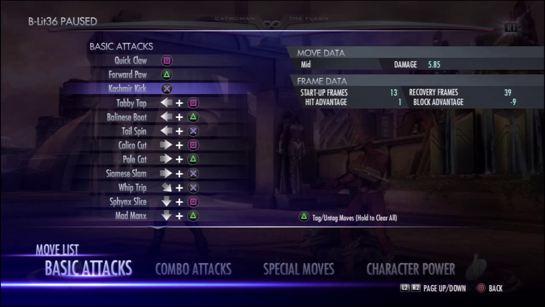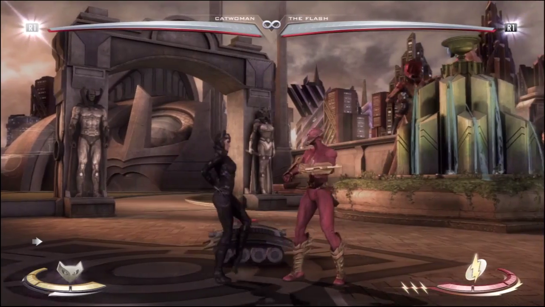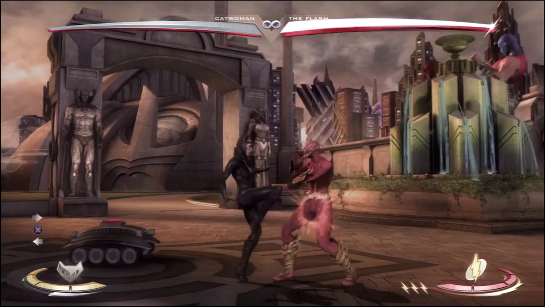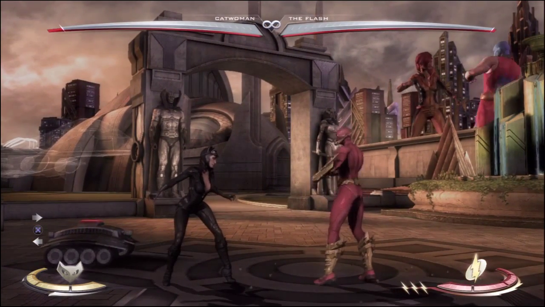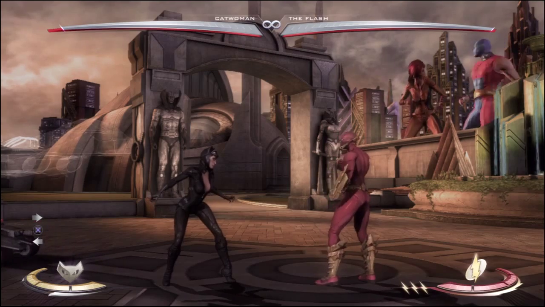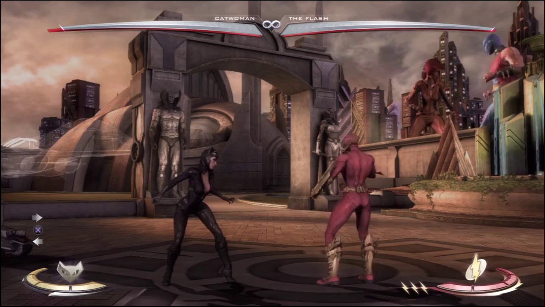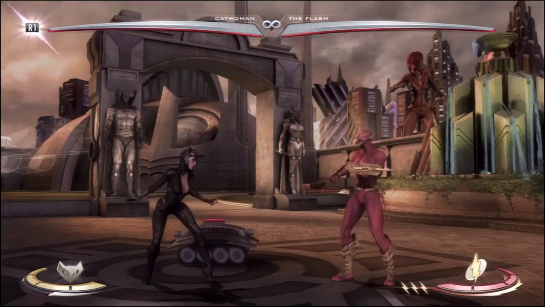That attack should hit me no matter what I try to do. So let's go ahead and test that. As you can see in the inputs, I was trying to block, but I couldn't. I was still in recovery. I was punished for that attack.